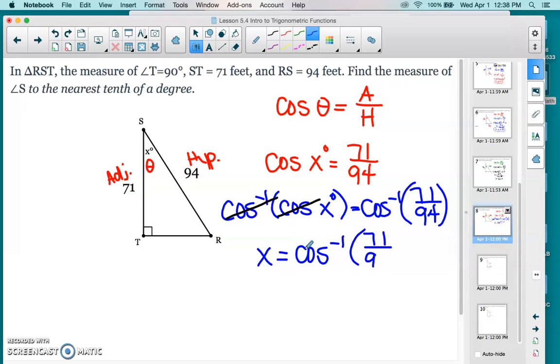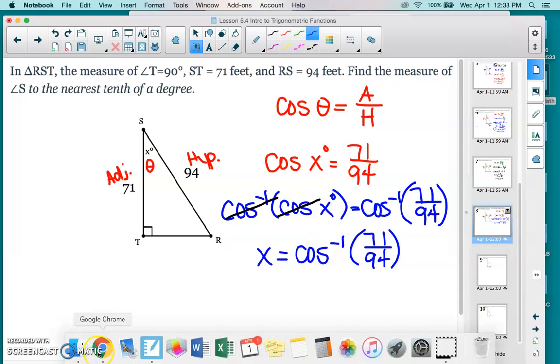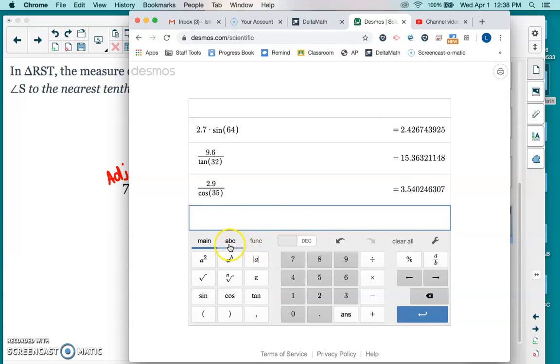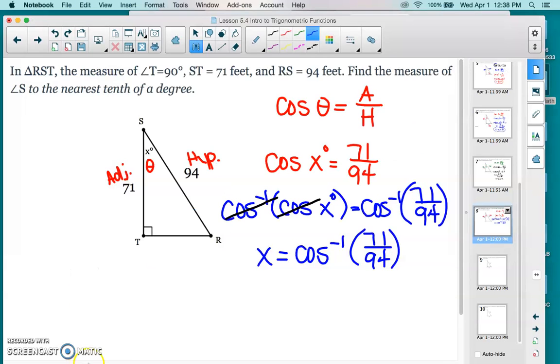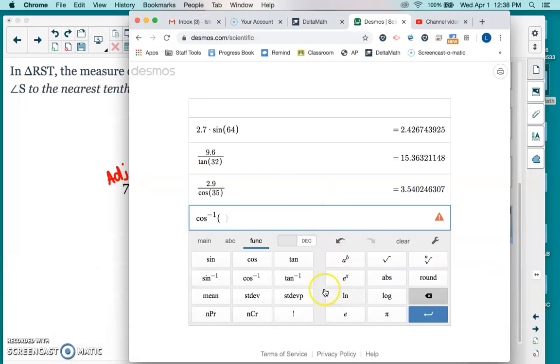So now I need to go to my calculator and I need to type all this stuff in that's over here, which there is a button for inverse cos. So watch me, I'll show you on Desmos. On your calculator, it's going to be a little bit different. On Desmos, it's under function. And here's inverse cos, and I want, what, 71 over 94.